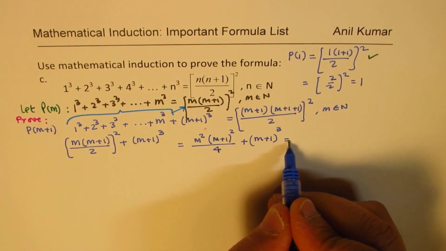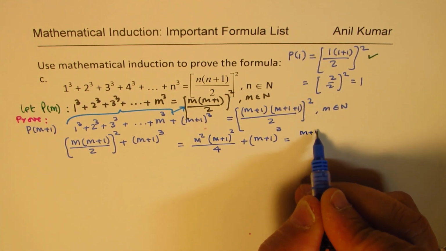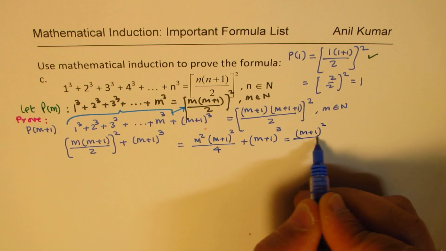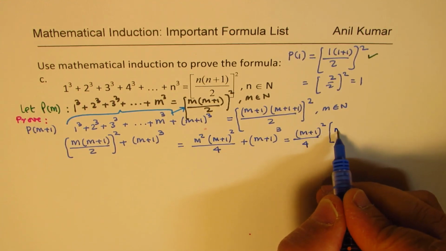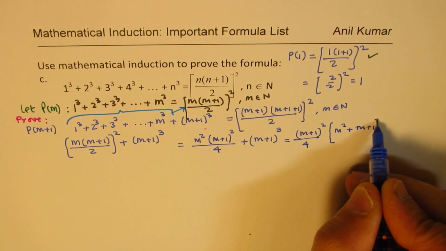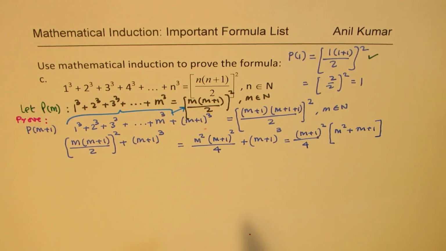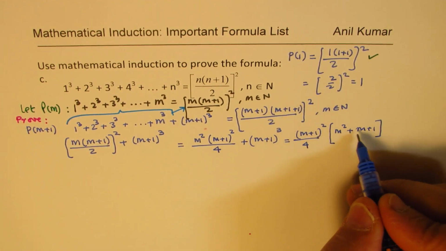Now, we could take m plus 1 whole square over 4 as common. And inside we are left with m square plus m plus 1, times 4, of course.